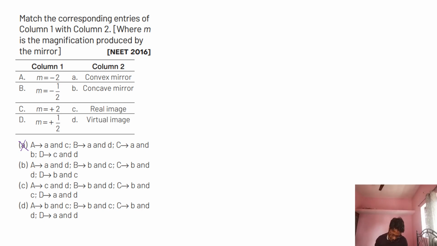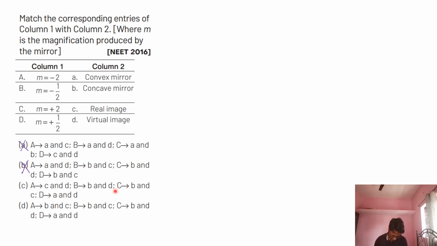A goes to a, also this can never be, because a minus value can never be for a convex mirror. A goes to c, real image consists of negative value. B goes to b, that means out here -1 by 2 goes to convex mirror, can be.